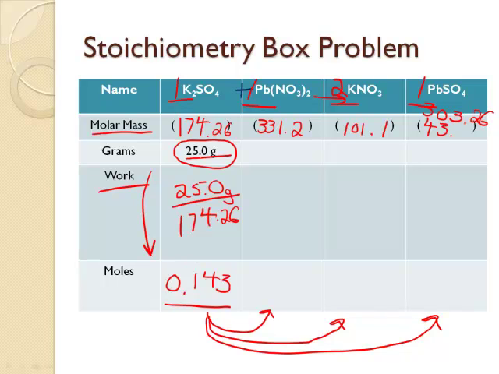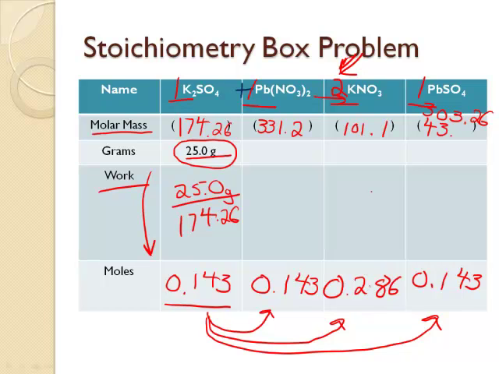So for instance, this K2SO4 is 0.143, this lead nitrate will be 0.143, and the same thing over here with lead sulfate, 0.143. However, the KNO3 has a 2 in front of it, so I need to double that. I'm going to multiply 0.143 by 2, which gives 0.286.